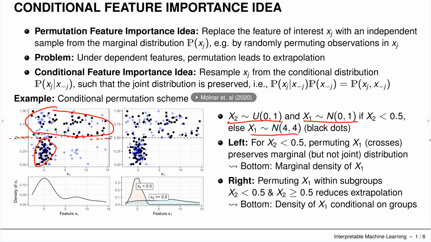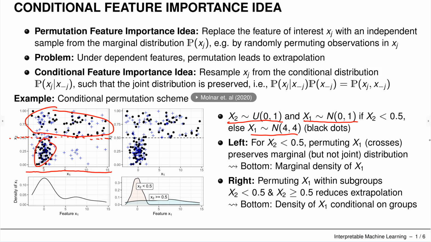And now the problem is, if you permute x1 from the marginal distribution, then you see that x1 on the whole data set as the marginal distribution is here on the complete range of x1.